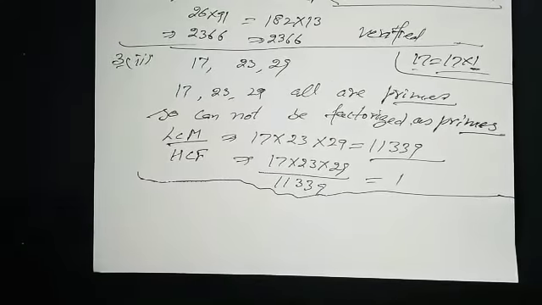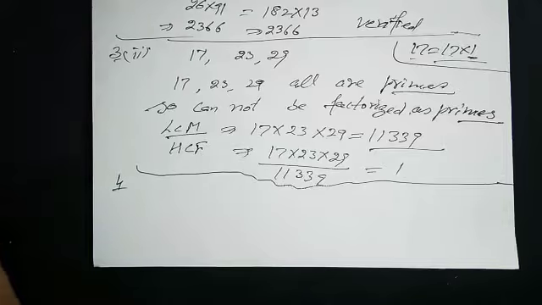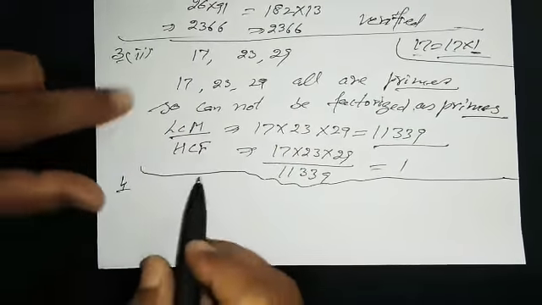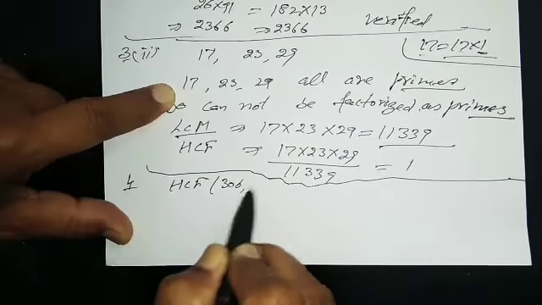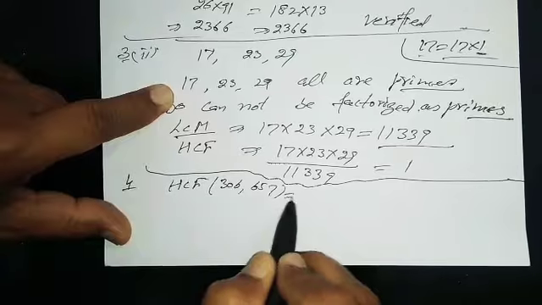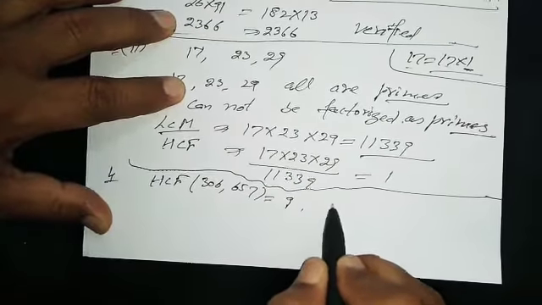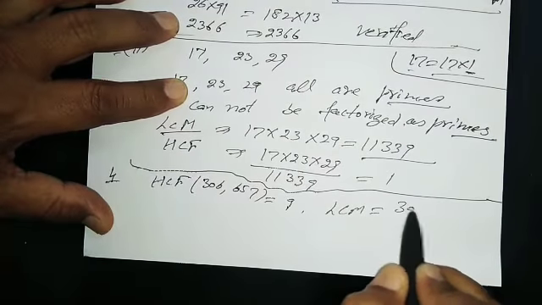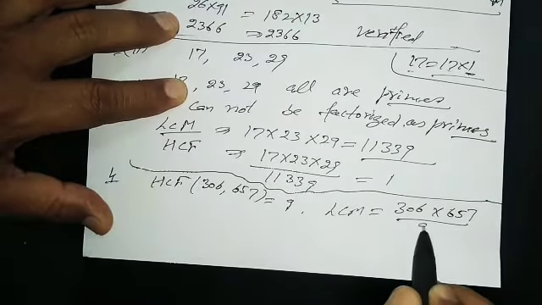Okay, so come to question number 4. Given that the HCF of 306 and 657 is equal to 9, find the LCM. What would be the LCM? Very simple. Product of the numbers 306 and 657 divided by HCF.